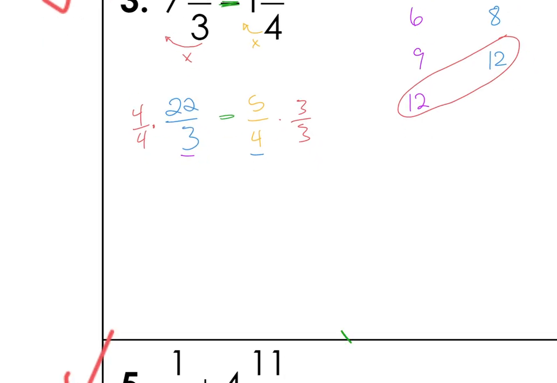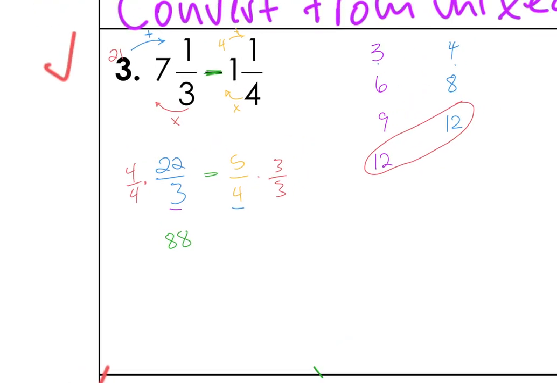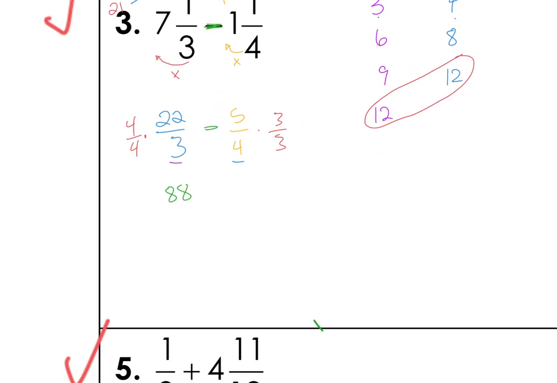So we get 88. Let me just double check my math. 3 times 7, 21 plus 1, 22. 88 twelfths minus 15 twelfths. All right, 88 minus 15 is 73. 73 twelfths.